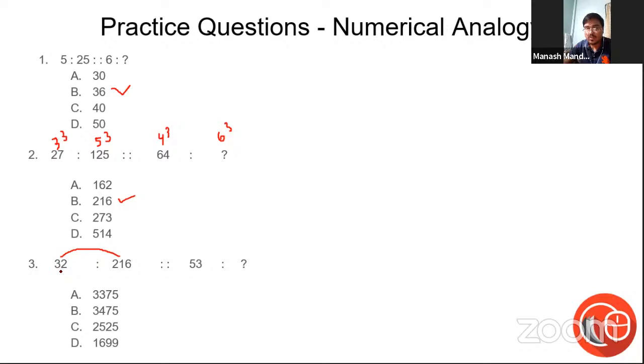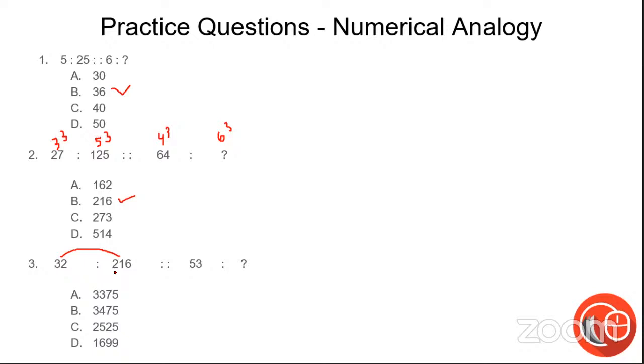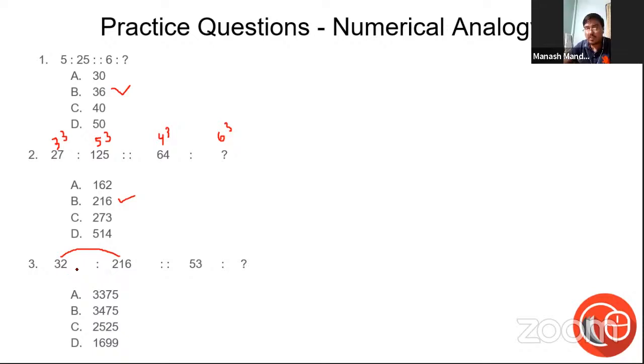How can this 32 become 216? So, multiple of 8. Can you explain how multiple of 8? Please explain.